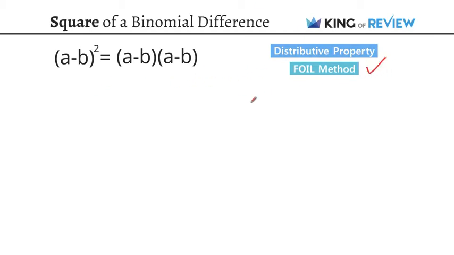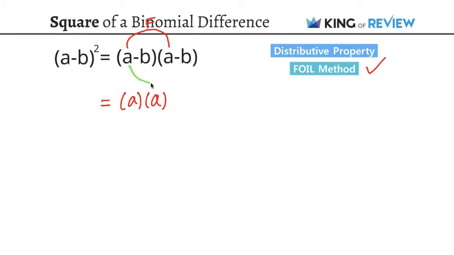F: multiply the first terms, so this is a times a. And then secondly, O, which means outer terms.